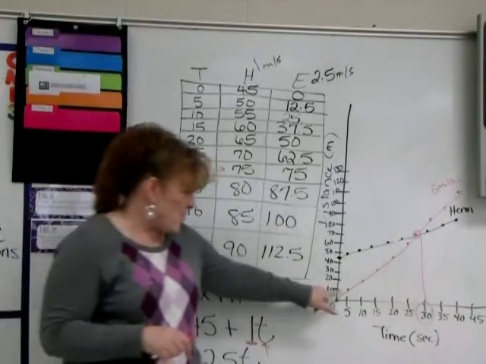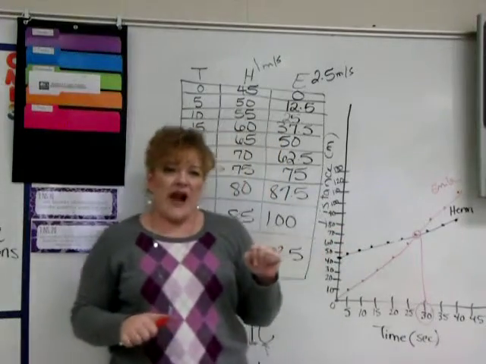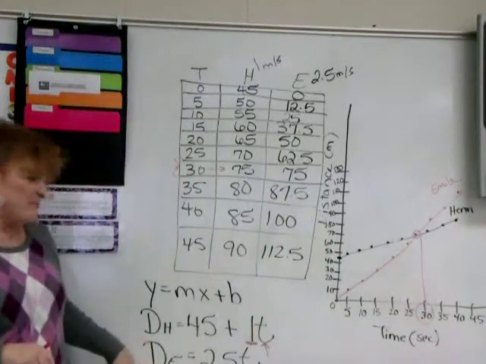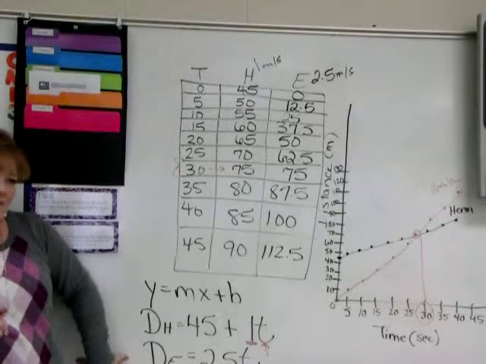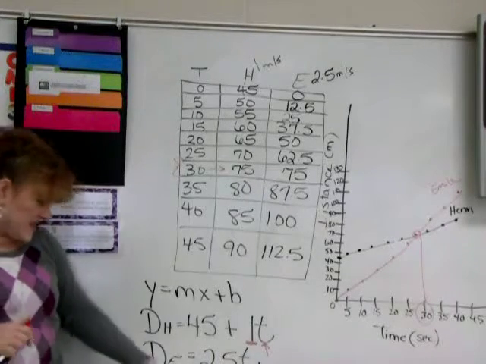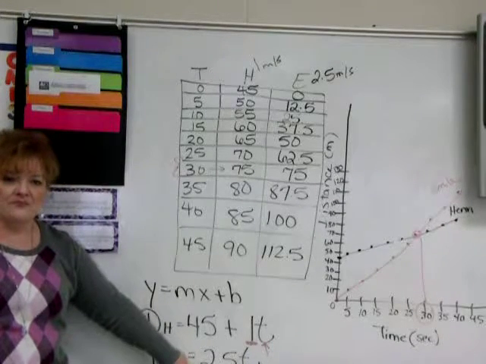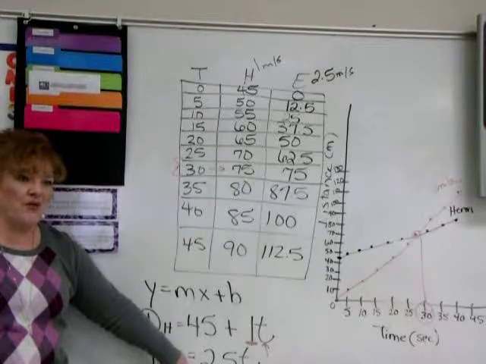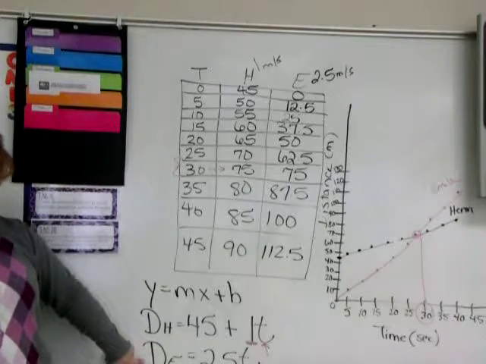The person that's going faster creates the steeper line. How do you know who's going faster? Just by looking at the equation. Because it's the one where the coefficient is the bigger absolute value, the furthest from 0, is going to create your steeper line.